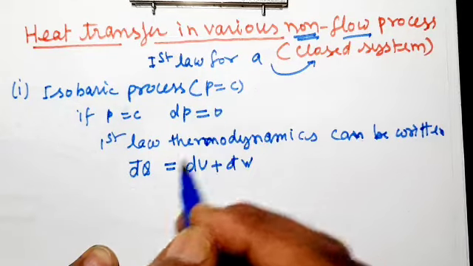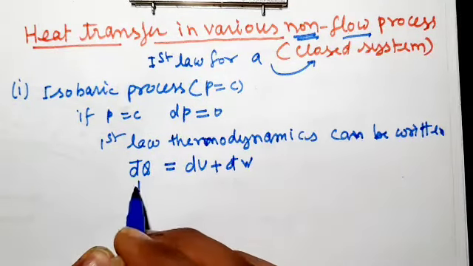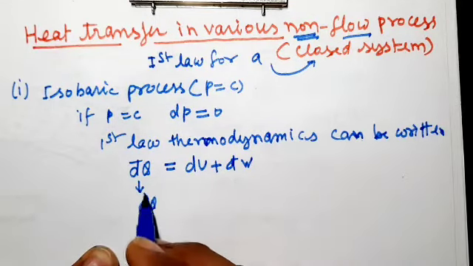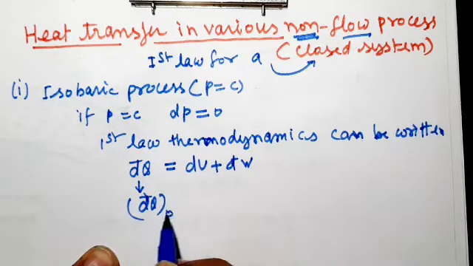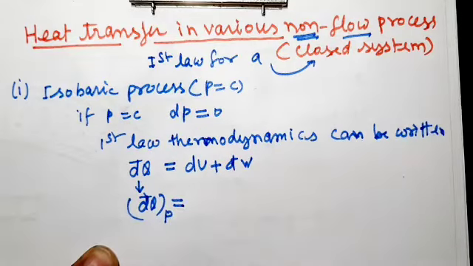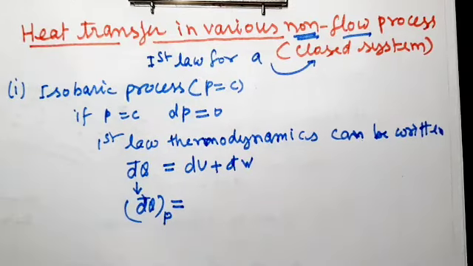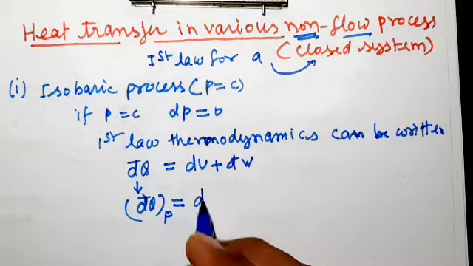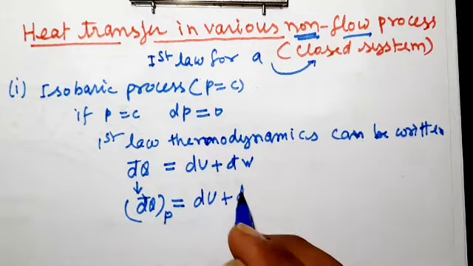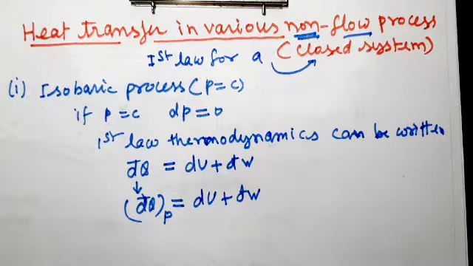So this can be written as del Q suffix P is equal to dU plus del W.